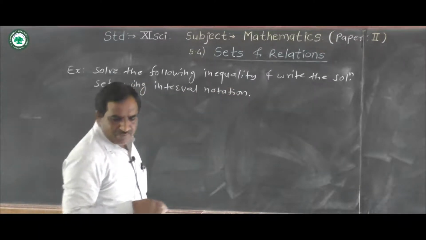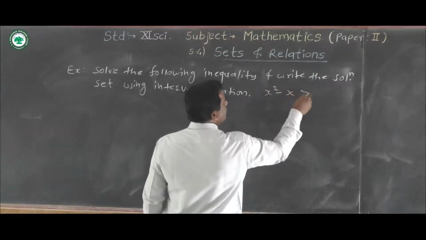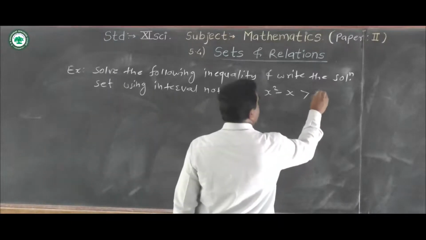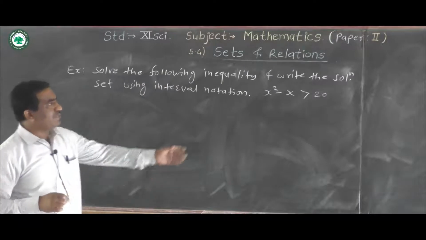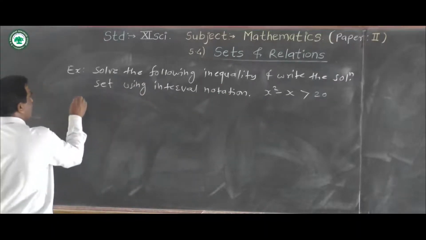The inequality is x square minus x greater than 20. We have to write the solution set for this inequality by using intervals. Now the answer for this.